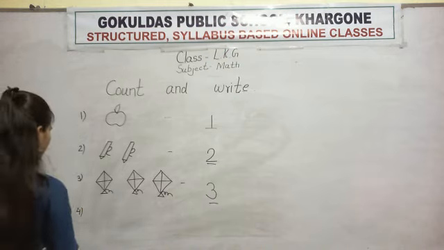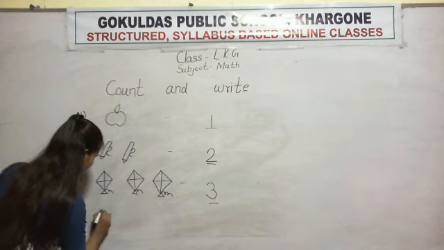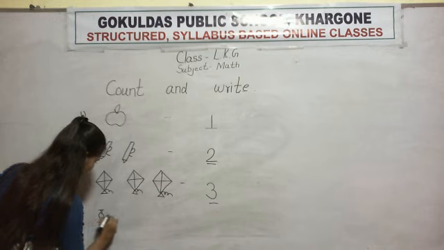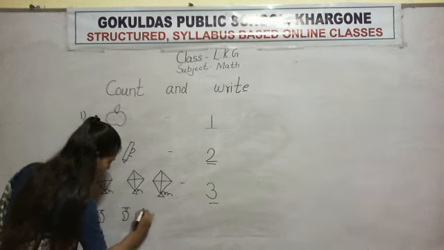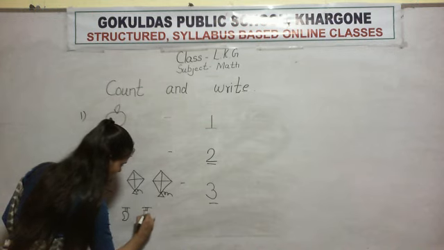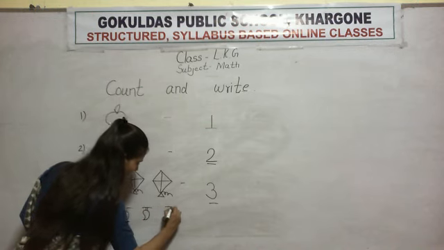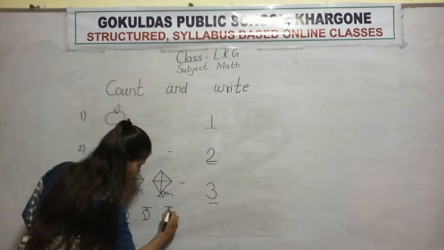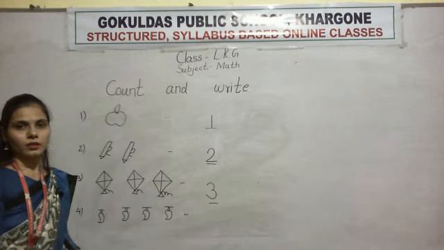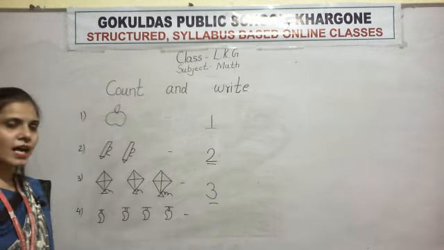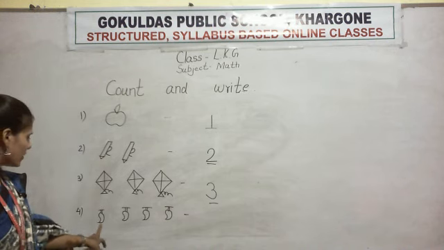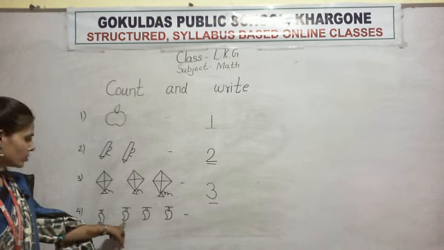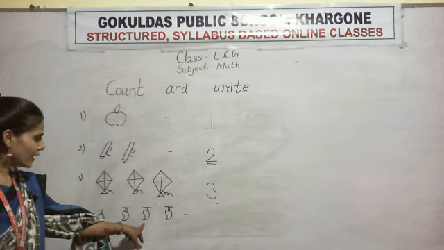Example number 4 is, tell me, how many mangoes are there? Count and write. Count with me. 1, 2, 3, 4.